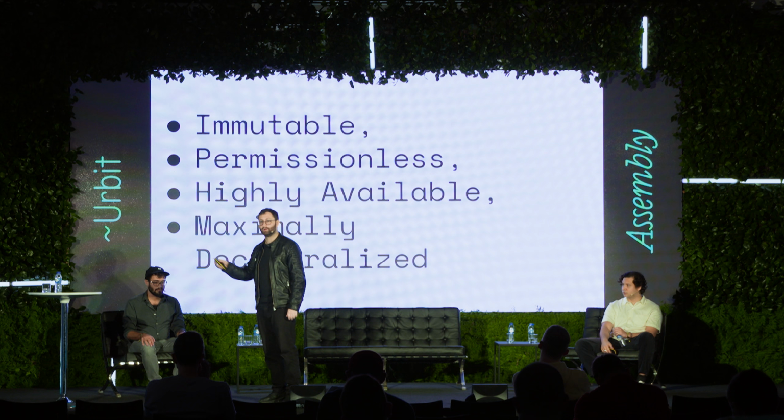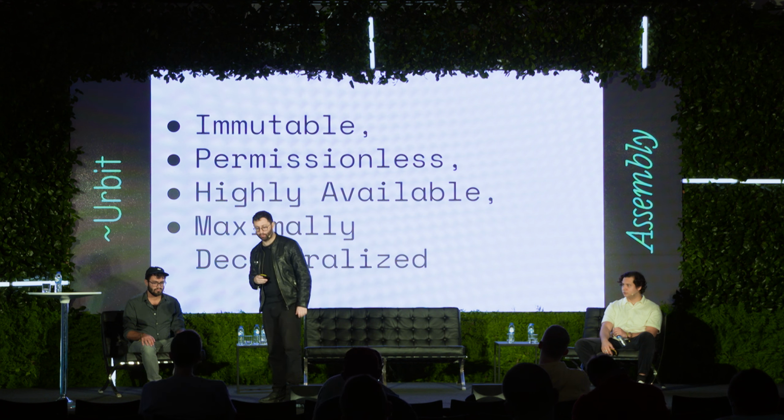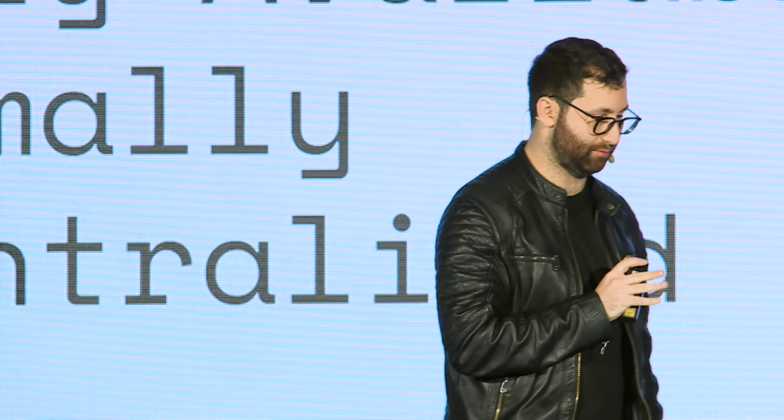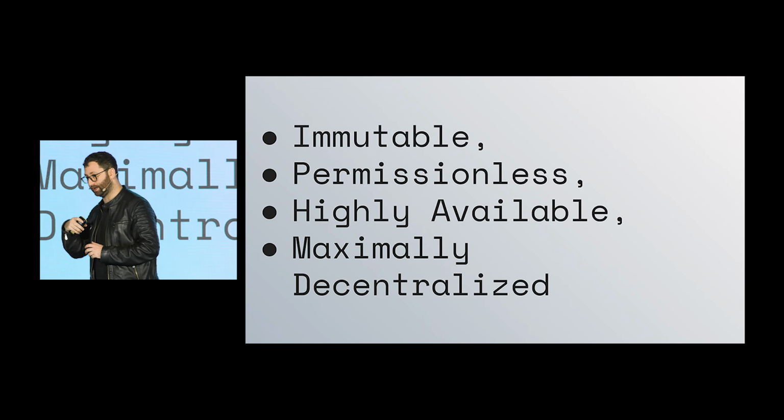There was a panel an hour or two ago on sovereign AI, and we think that a couple of the pieces of infrastructure that we're building are actually really interesting for attacking that problem. Urbit is a place to have your homie, right?